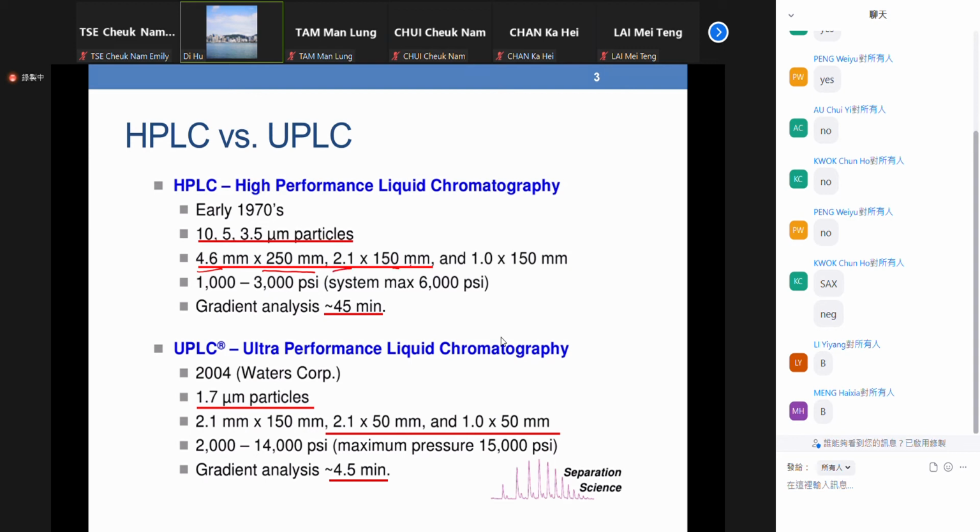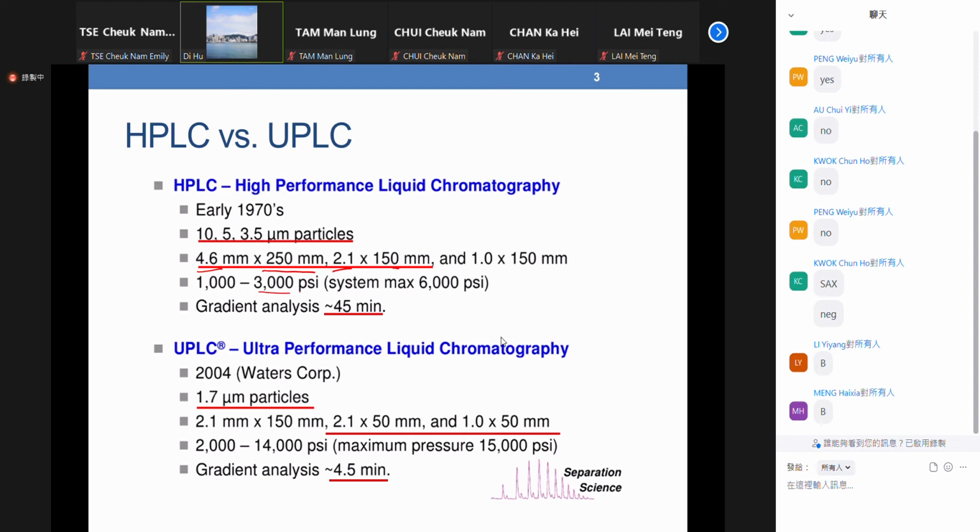The handling pressure is normally between 1,000 to 3,000 psi. One atmosphere is equal to about 14.7 psi, right? If you see something higher than 3,000, you already feel it is pretty high, and you have to think about it. You can do gradient analysis, and it takes about 45 minutes.